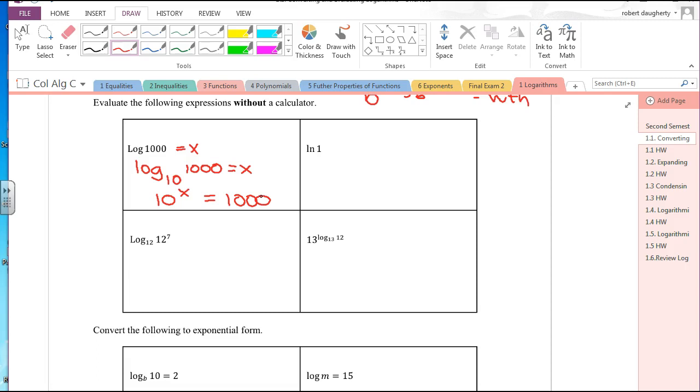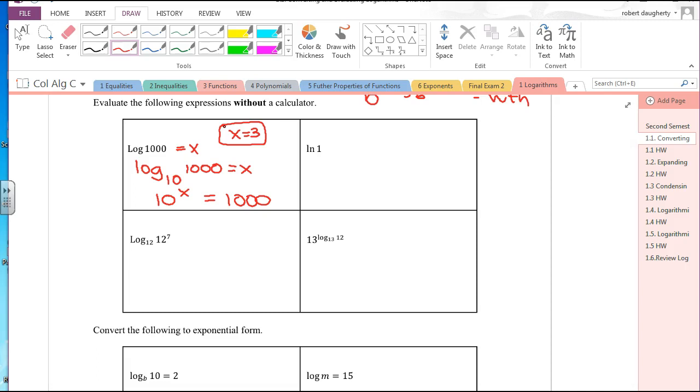Nope. What's 10 squared? 100. What's 10 cubed? 1,000. So x is equal to, this was the kind of equation you would have solved last semester. Okay, 10 to the x equal 1,000. X has to be equal to 3 because 10 times 10 times 10 equal 1,000.